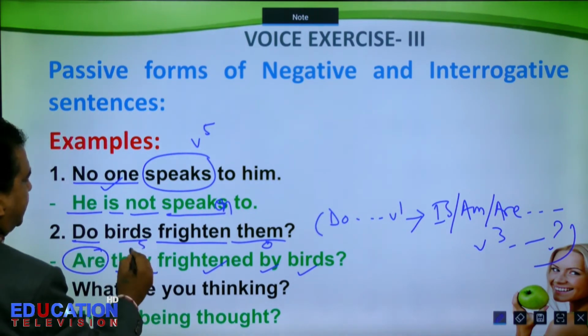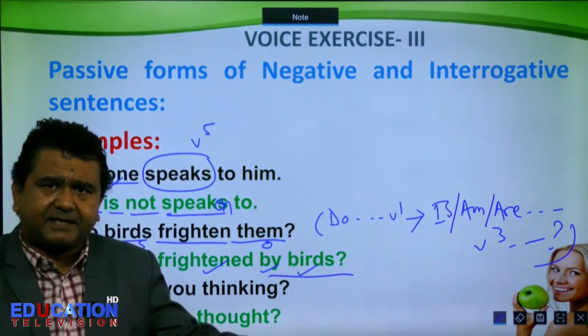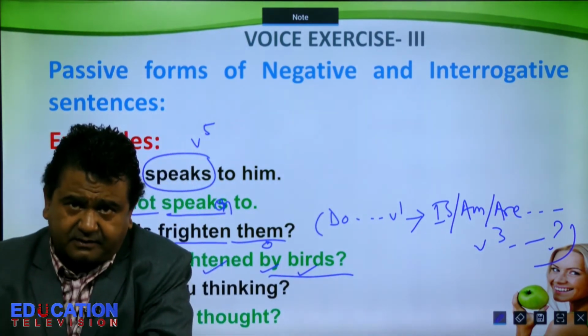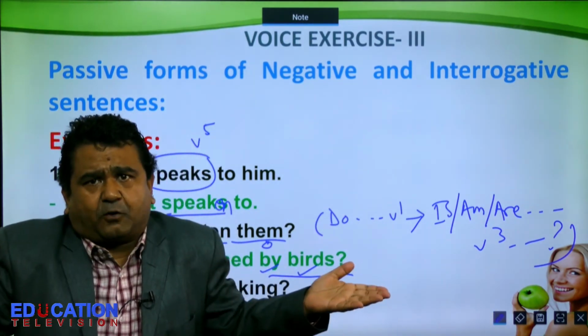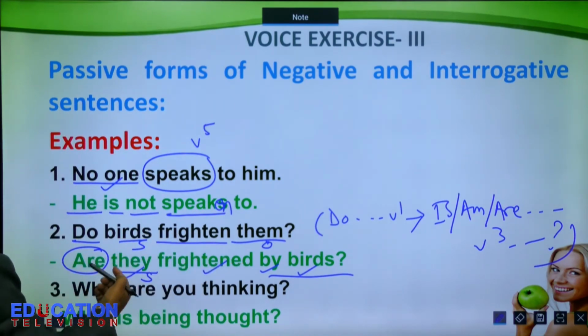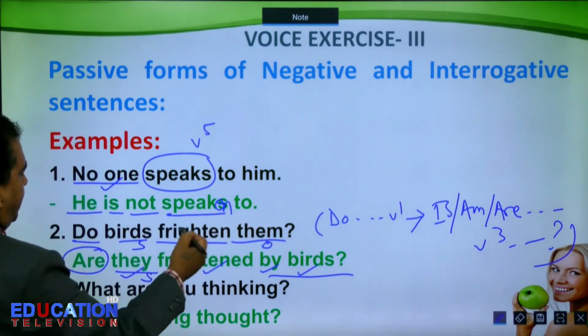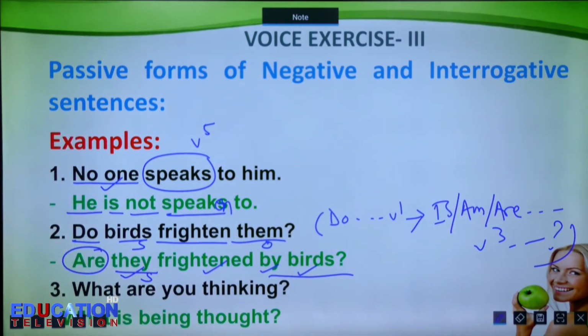The subject is placed here as by plus object. And because this is present tense, we write is, am, are plus V3. Do birds frighten them? Are they frightened by birds? That's all.